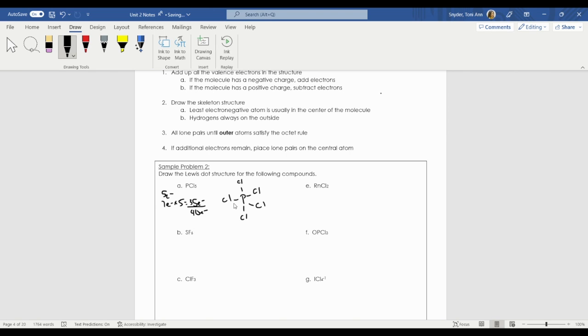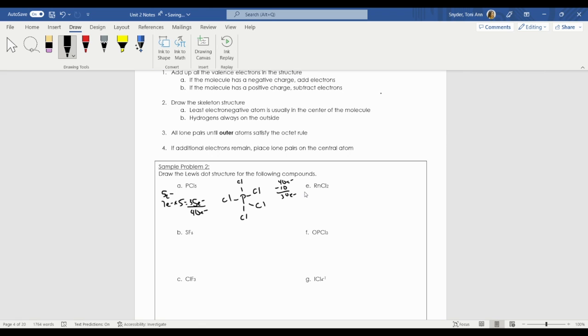So we have to keep track of all of our electrons here. Let's count up how many electrons are in these 5 bonds: 2, 4, 6, 8, 10. So if I have 40 electrons, I'm going to subtract 10. I still have 30 more electrons I have to put in this Lewis dot structure, okay?